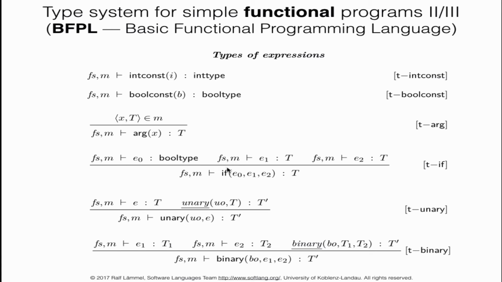Again, we enforce that the condition is of type bool, and the then and the else branch need to be expressions of the same type t, which is also the type of the compound if. And the treatment of unary and binary expressions is pretty much the same as for the expressions in the imperative programs.